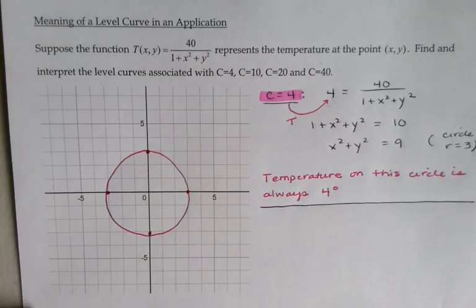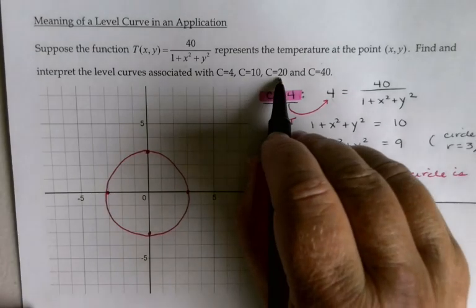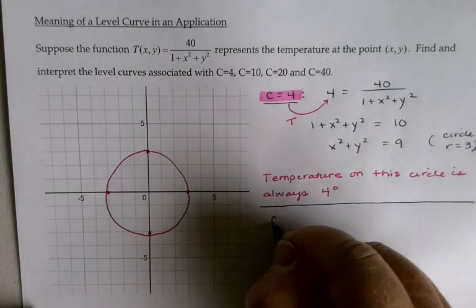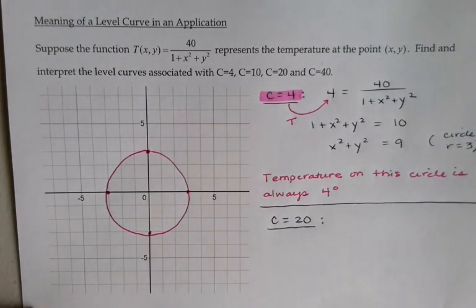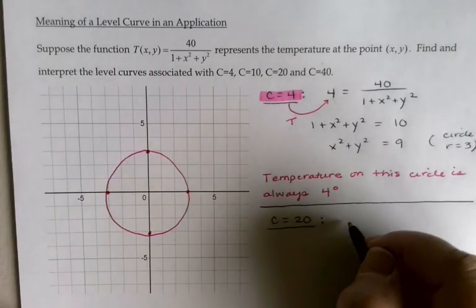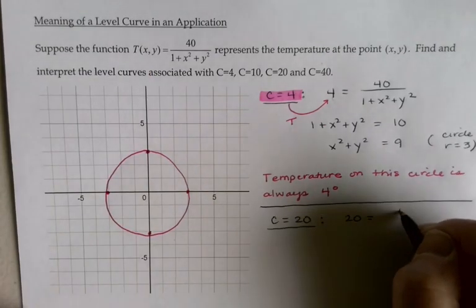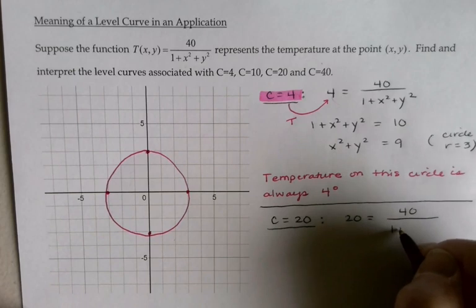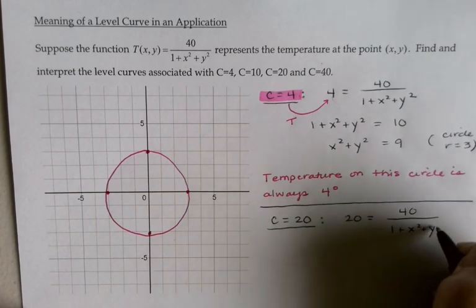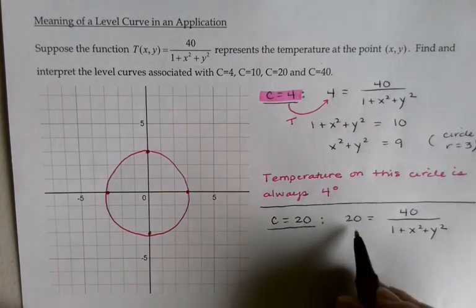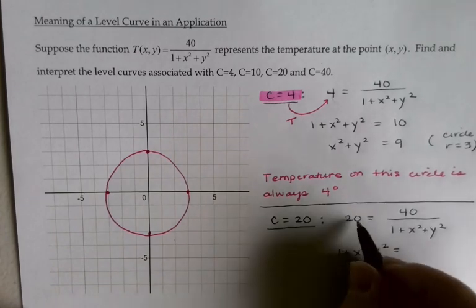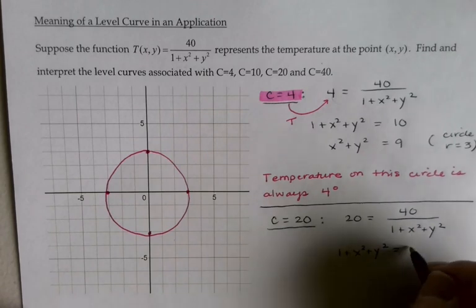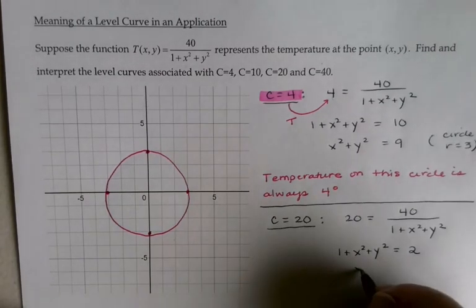All right, let's do maybe one more. Let's go ahead and let's do the 20. If I put 20 in for the T, again, if I multiply the 1 plus x squared plus y squared over to the left and divide the 20 out on the right, 40 over 20 would be 2.